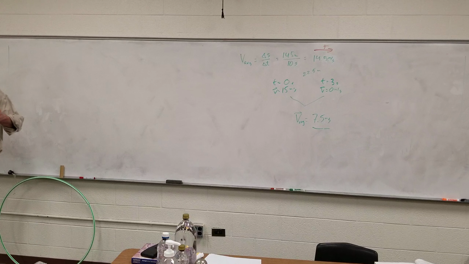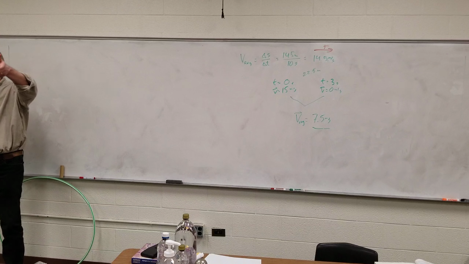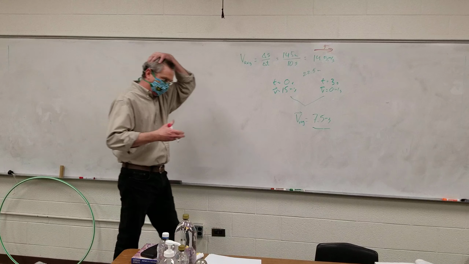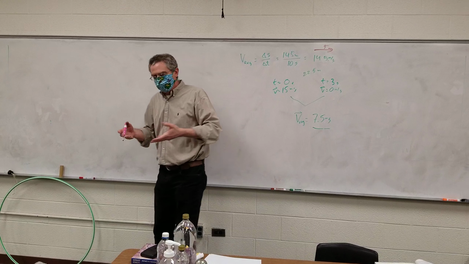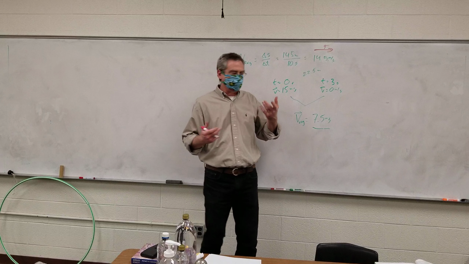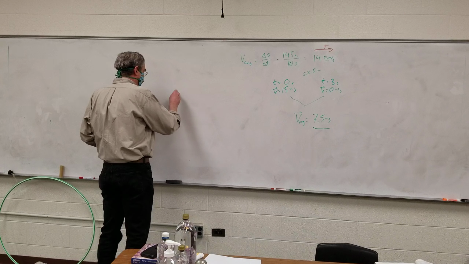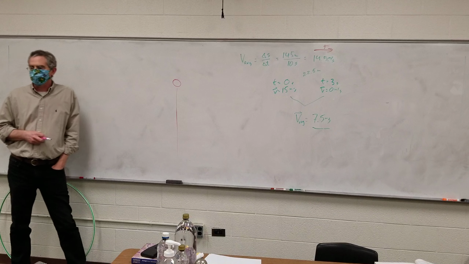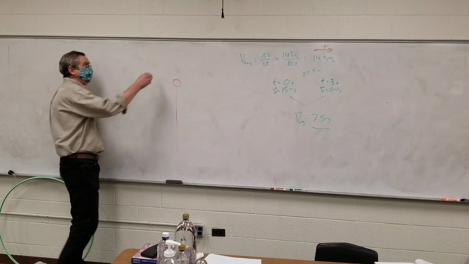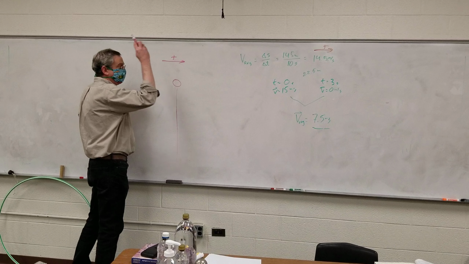When you're dealing with the more complex problem that Brianna was talking about, when you're dealing with the signs of our vector quantities, it deals with direction. Now, position is relatively simple, probably essentially the simplest of them all. I'm going to declare this to be 0 or the origin. I'm going to say to the right is positive because I'm brainwashed.